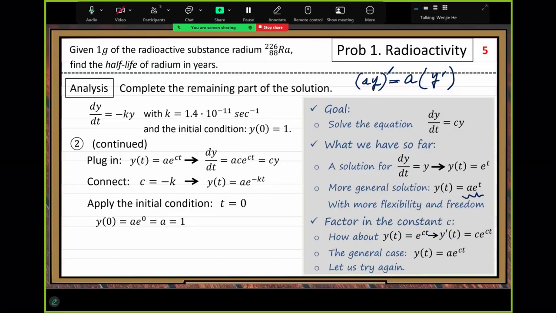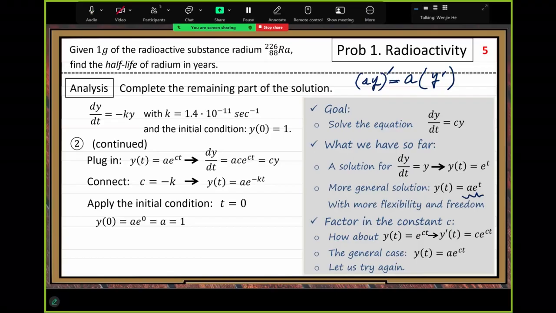So you have a equals 1. Okay? So your free parameter a, now we use it because we can adapt it to the given initial condition.